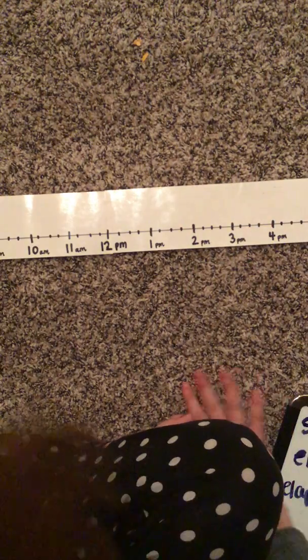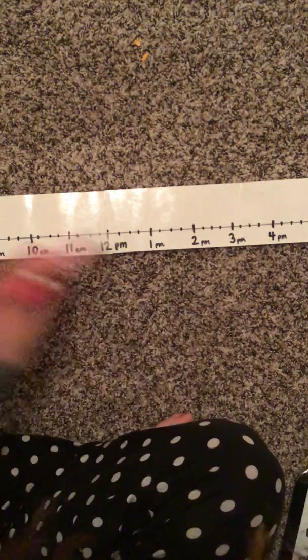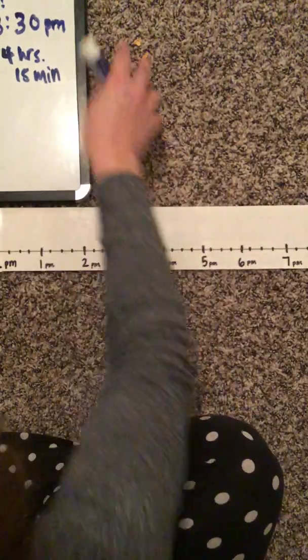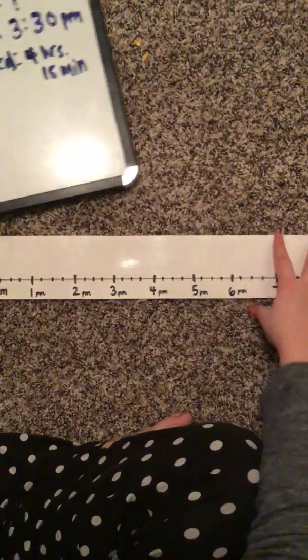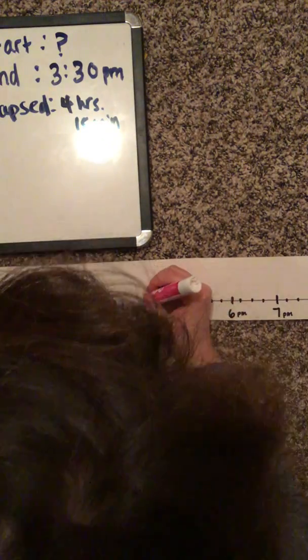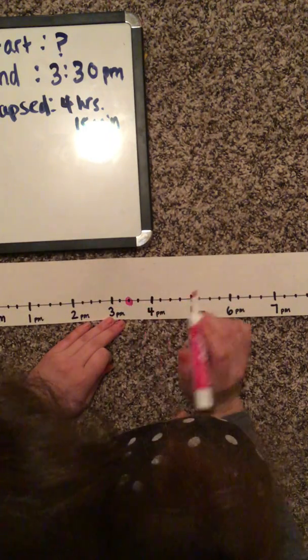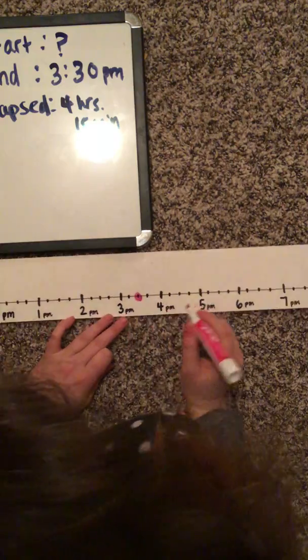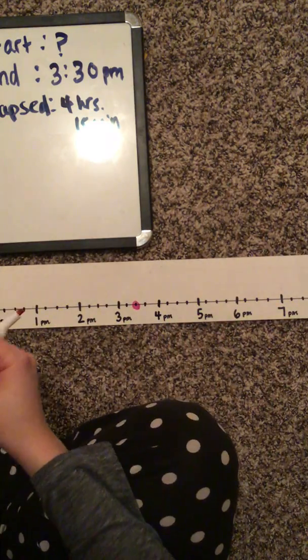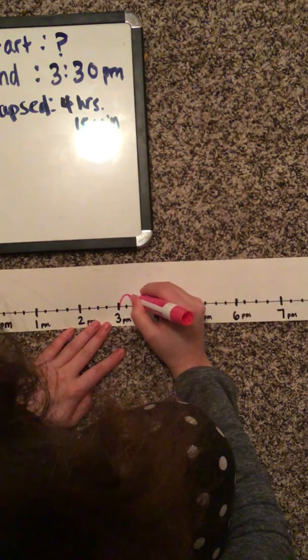Let's go ahead and start with our problem, though. So our start time, if you remember, was at 3:30 p.m. Here, right in the middle, because you got 15, 30, 45. So 3:30 p.m. Let's go ahead and jump back a full 30 minutes because we've got time for that.